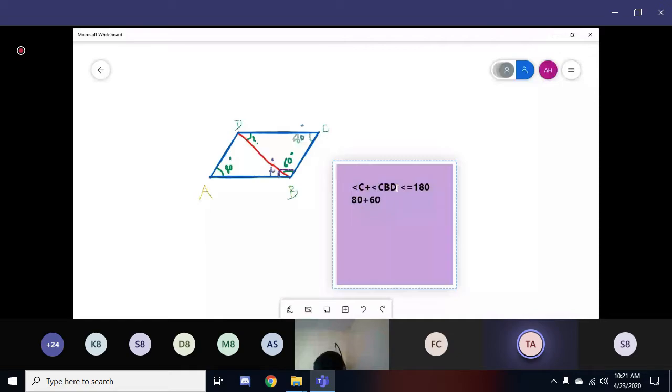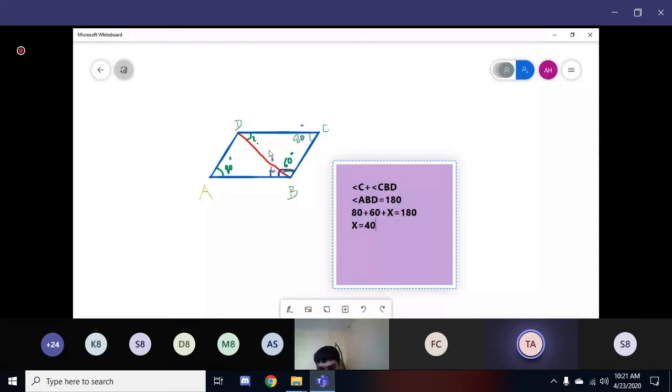You need to add this one also and call this X. So X plus X equals 180 degree. From here, beta, X comes out to be 40 degrees. Now you may say, sir, there was no need to calculate. We were not asked to calculate this angle ABD.